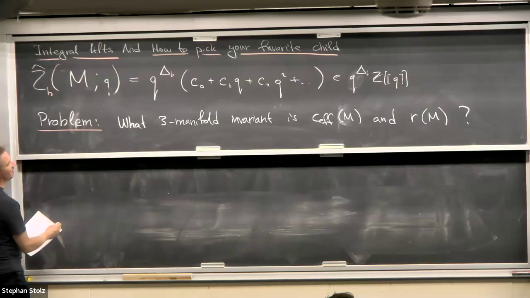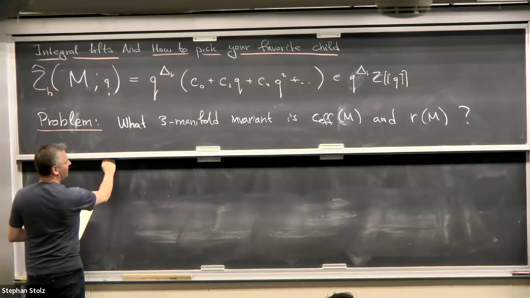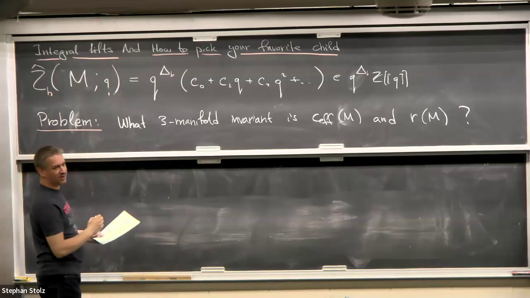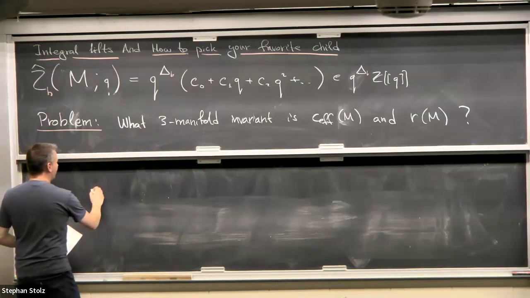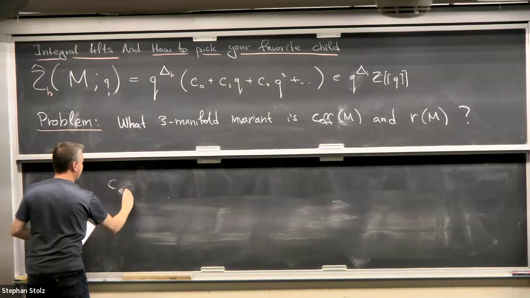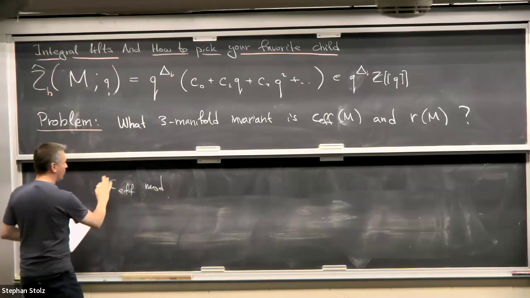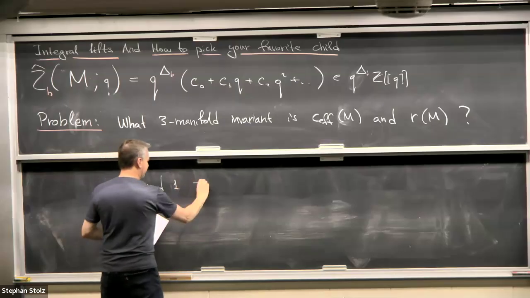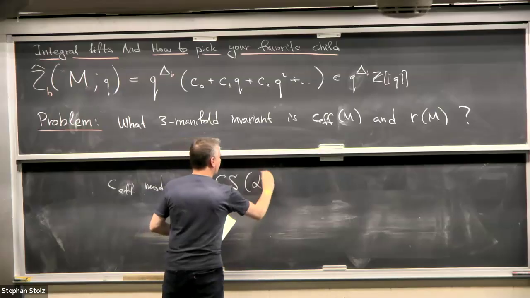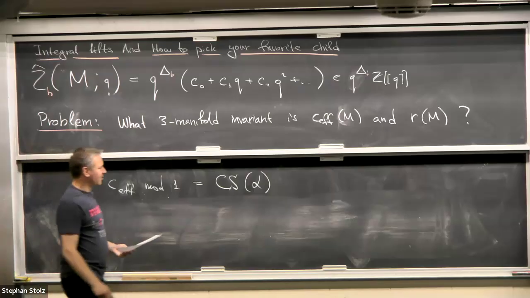Right, but you can make the following statement, very much like in the theorem about deltas, where it was easier to say what the mod 1 reduction is. So here, the rough statement is that C effective, mod 1, in quotes, as a meta statement, is equal to the Chern-Simons value of some complex flat connection alpha.